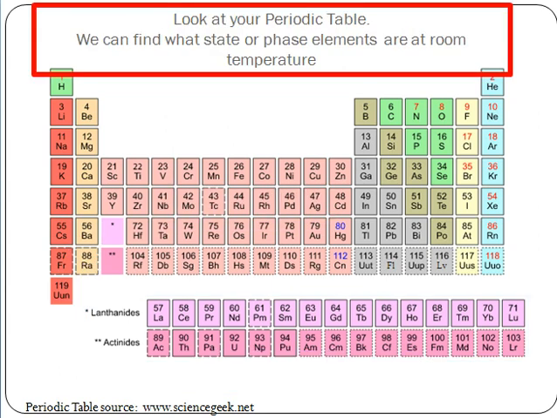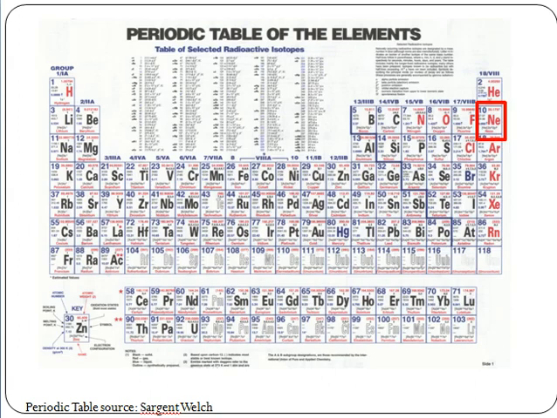Okay, also if you look on your periodic table that I gave you, that's the blue and red and black periodic table from Sergeant Welch, you'll notice that some of the elements are black, some are blue, some are red, and some are also just outlined. The red ones show that they are a gas at room temperature.